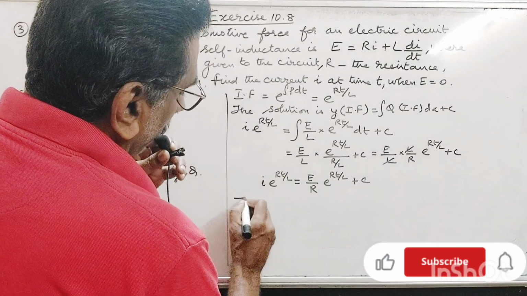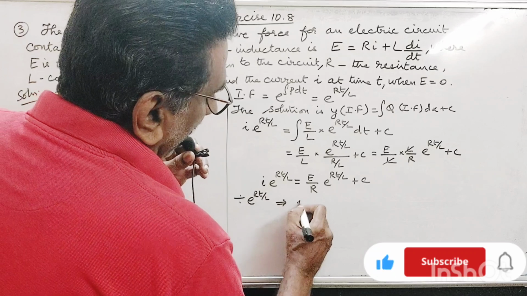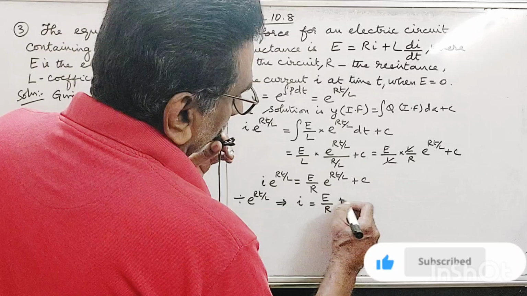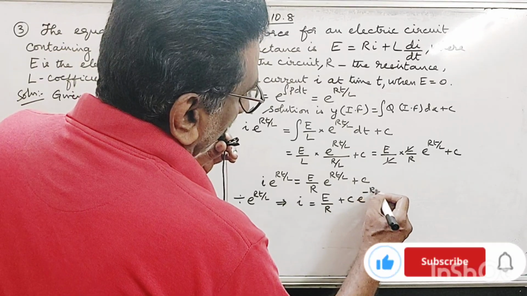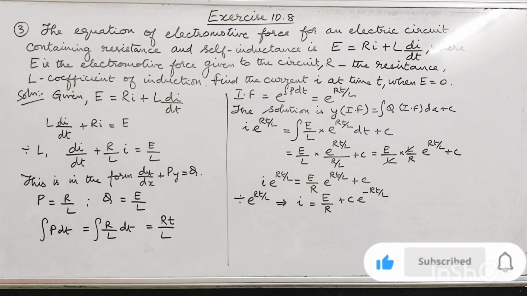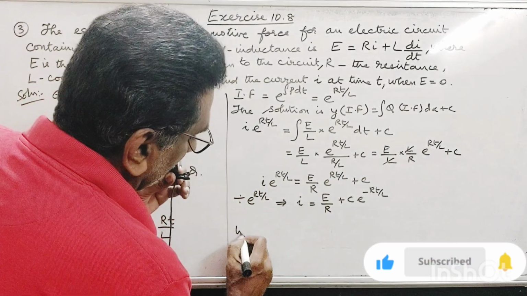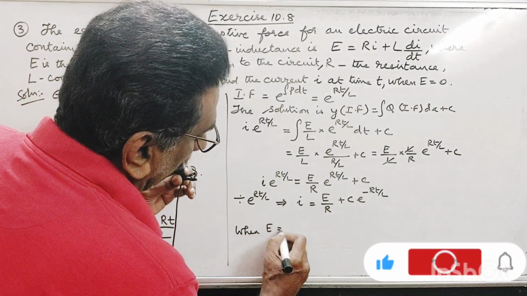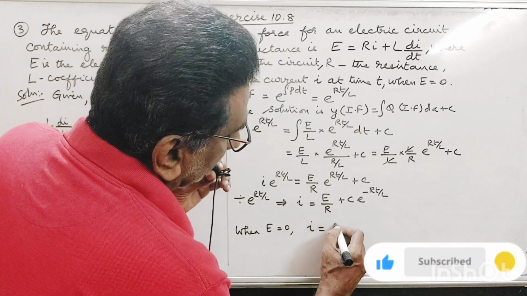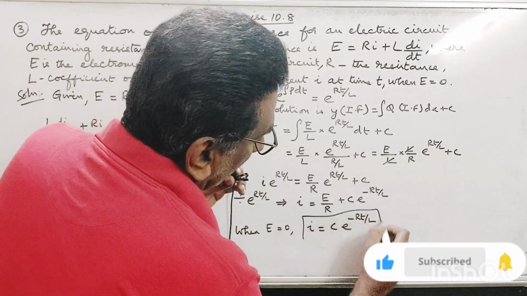So divide throughout by e power Rt by L, which gives i is equal to E by R, these two get cancelled, plus c into e power minus Rt by L, because I am dividing this by e power Rt by L. Now the condition is given: when E is equal to 0, what is i now? i is equal to 0 divided by any number is 0, so i equals c into e power minus Rt by L. This is the answer.